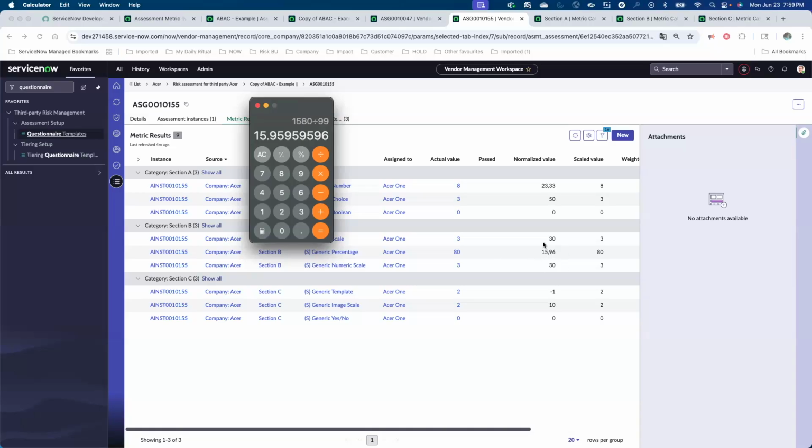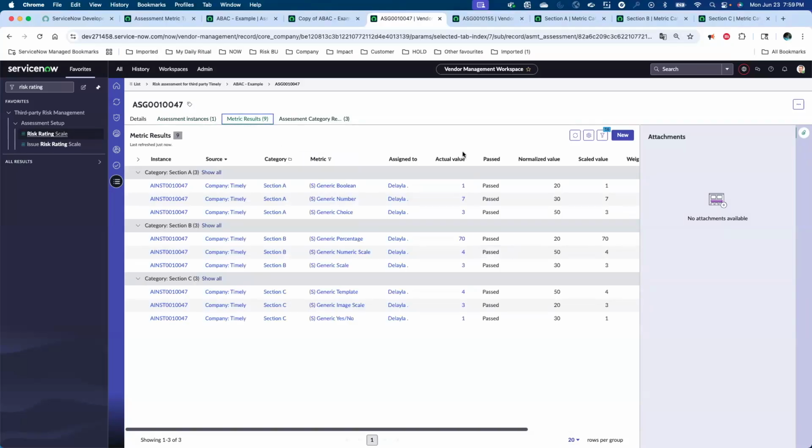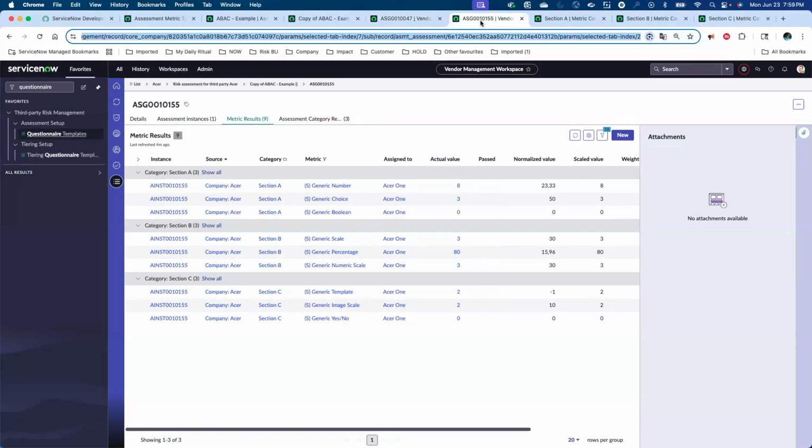So this is how the calculations work out for normalized value. Now, when it is scored, it works differently. When scored is equal to true, the answer for the question rating is basically 0 or 100, and then it takes a weighted average and applies that to it, which is what we saw in this particular example. In this example, what we saw is that it uses the calculation blueprint to derive the normalized values.